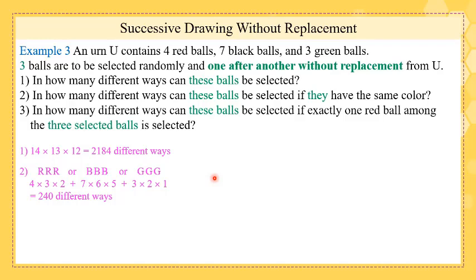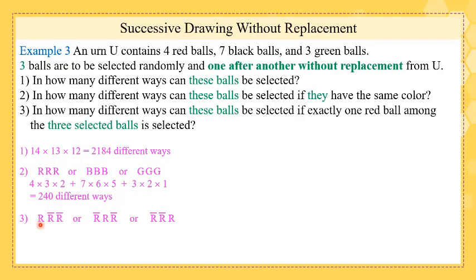Let's apply more. In how many different ways can these balls be selected if exactly one red ball among the 3 selected balls is selected? So we're going to choose 3 balls, but we need exactly one red ball among them. So having one red ball only means that we're going to have 2 balls which are not red. So this is the way we write it.